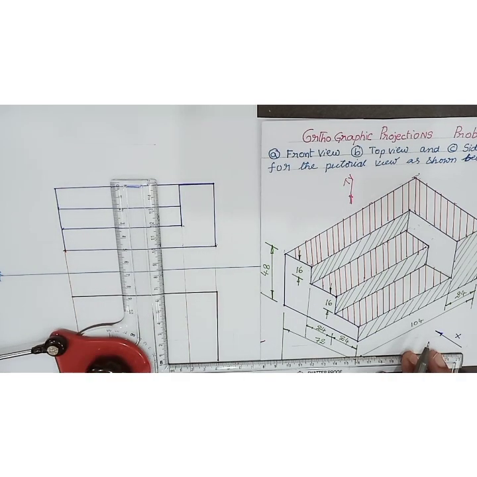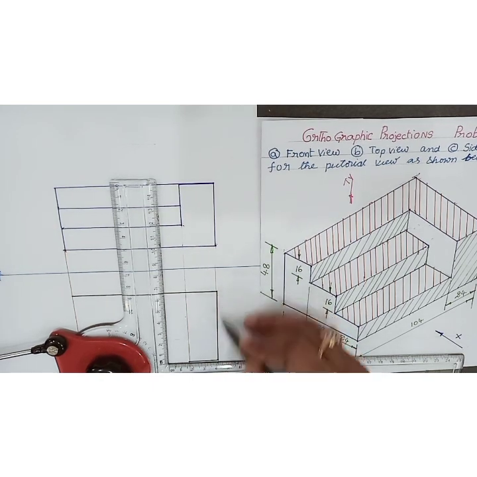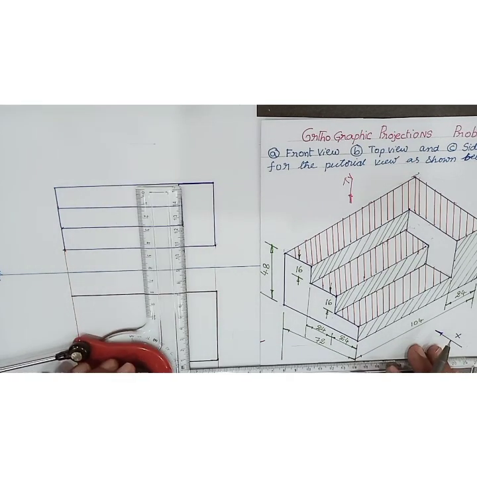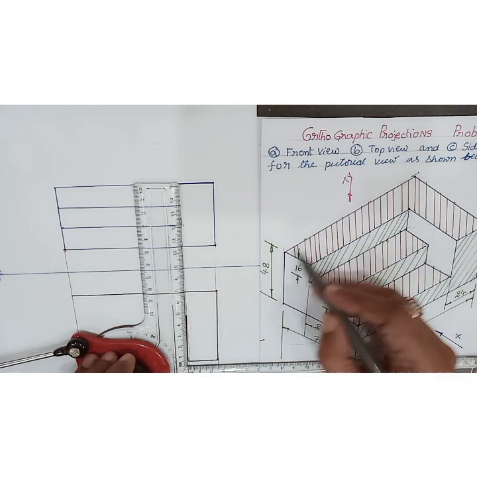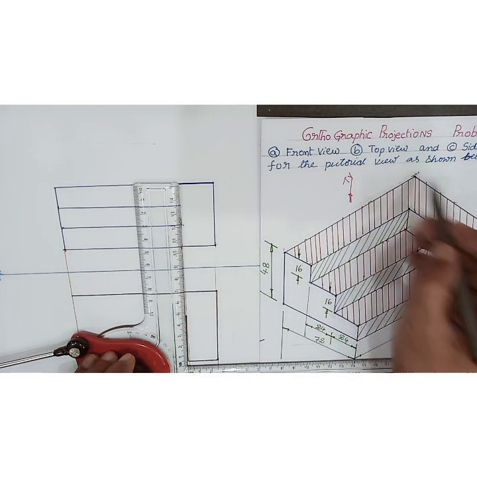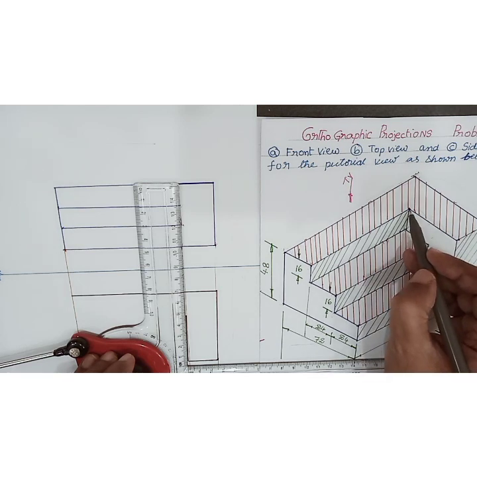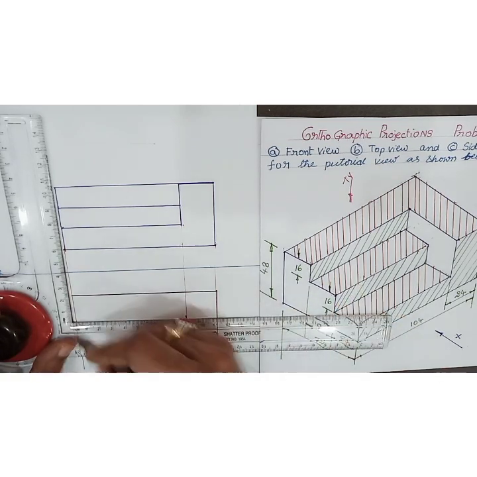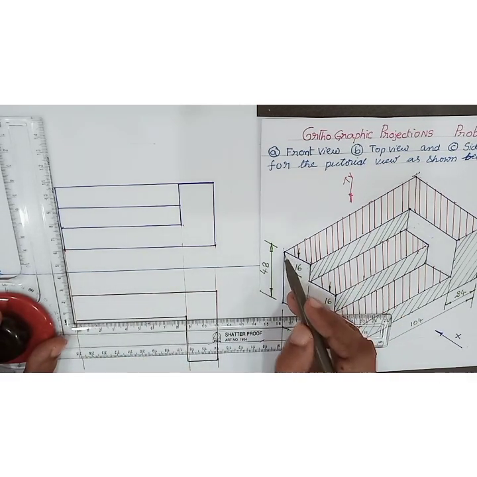That is, length 104, breadth 72, and length 24, and again breadth 48, and again length 80, and again breadth 24.